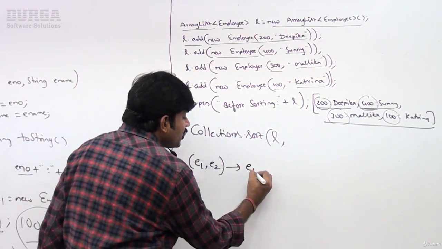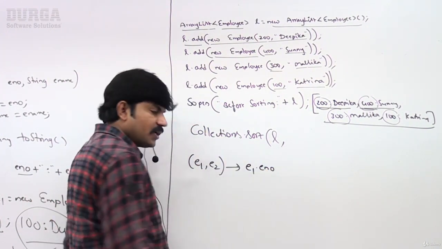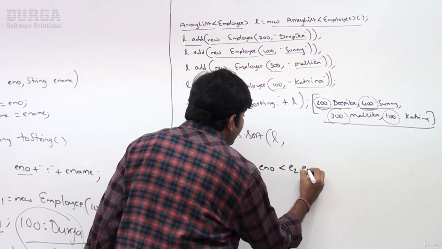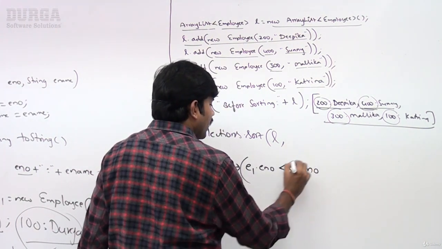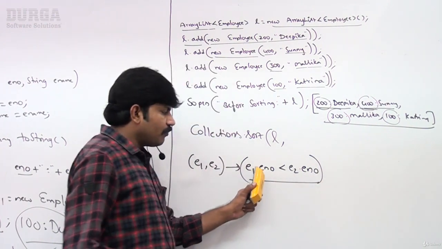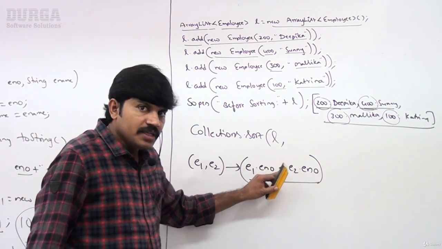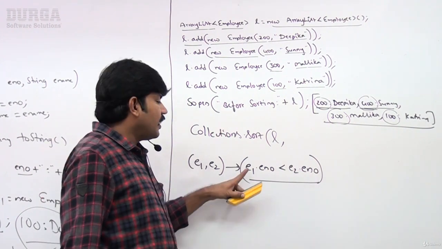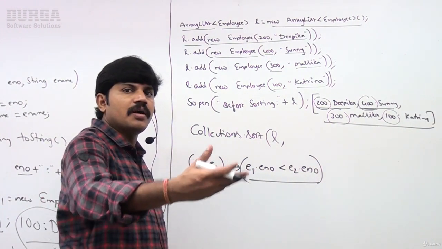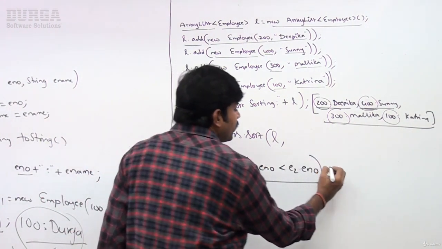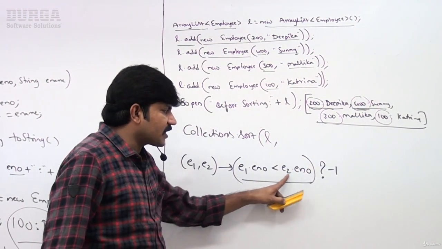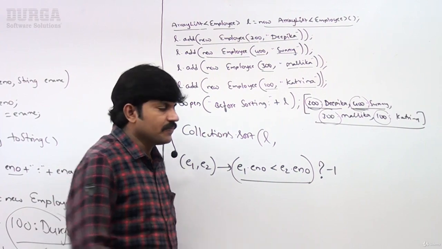If the first employee number is lesser than the second employee number, then the smaller employee should come before. That's why question mark -1. If this condition is satisfied, return -1.